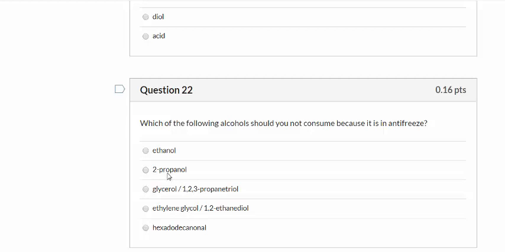And when something is attached to the middle carbon, it's also called not just 2-prop, but isoprop. So an alcohol, the OL tells us it's an alcohol. An alcohol with the OH group on the middle carbon is also called isopropyl alcohol, which we know what that is. It's not an antifreeze.